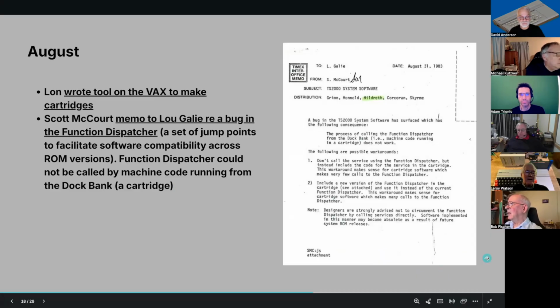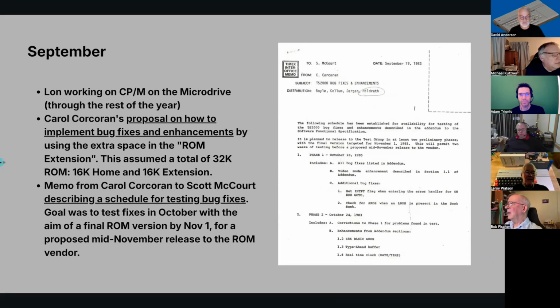So we talked a little bit about CPM. From a very early point in time at Timex, they wanted to explore implementing CPM on the 2068.